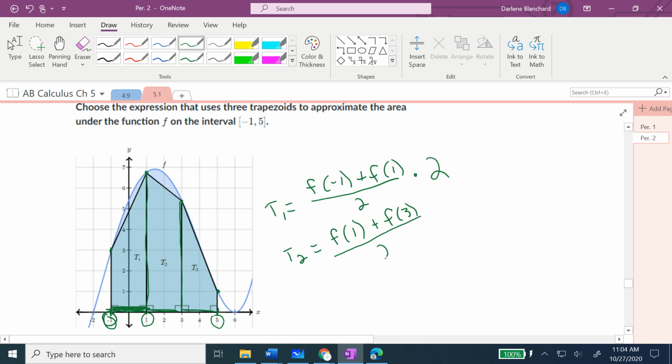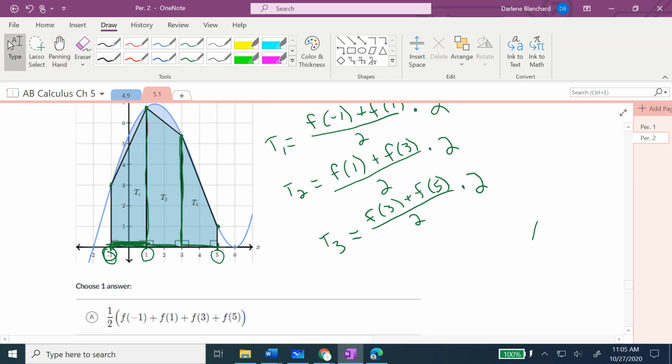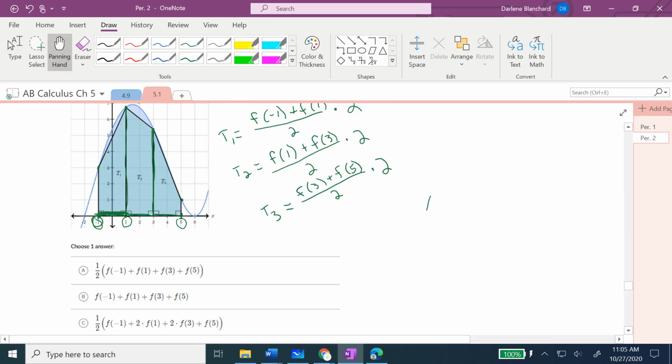Those are my two bases, divide by 2, multiply by the, quote, height of the trapezoid, which is delta x. And then quickly I'll write that my third one is plugging in 3 and 5 into the function for the two bases. Add the bases, divide by 2, multiply by the delta x, or height of the trapezoid. And let's see what the multiple choice answers are and figure out which of those it is.